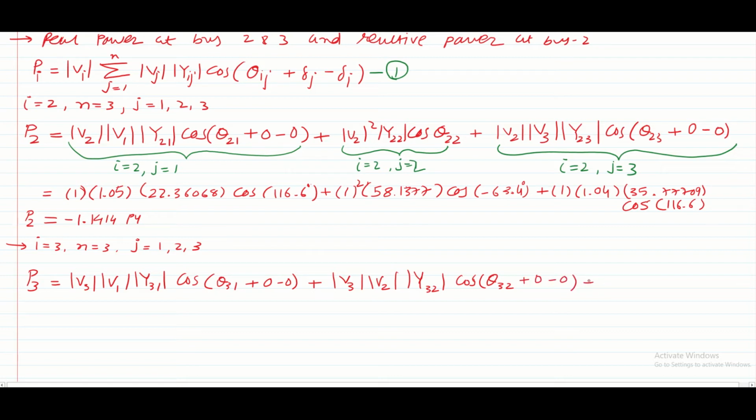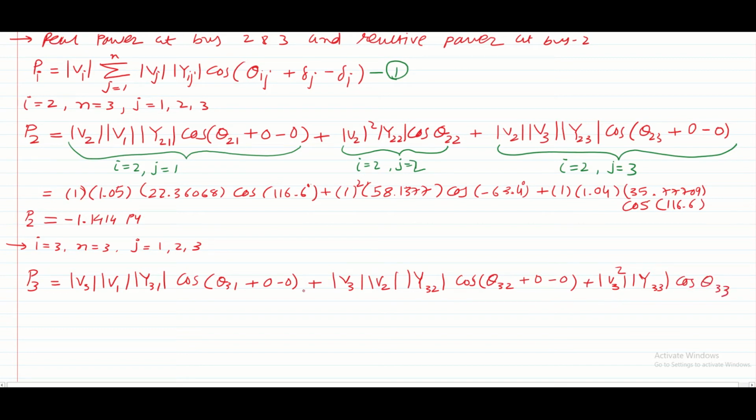Clear? And the last one, both the values are the same, that means I equal to 3 and J equal to 3, so we get Y33 cos theta 33.